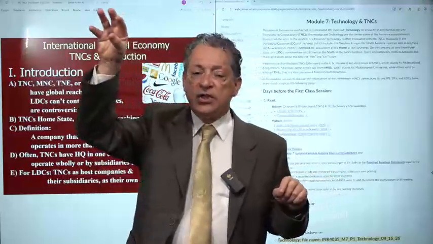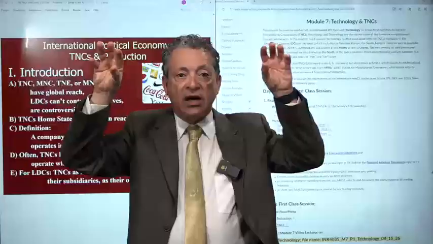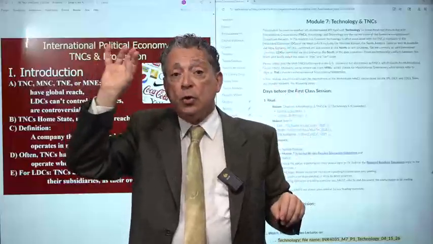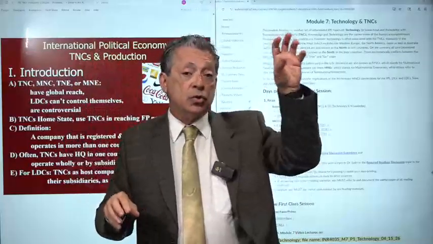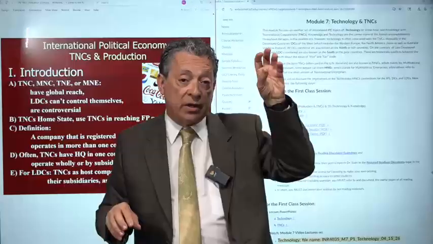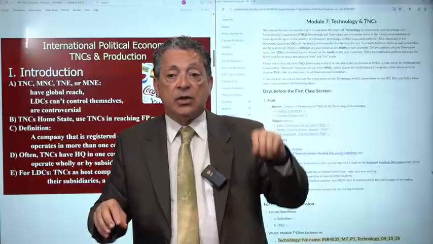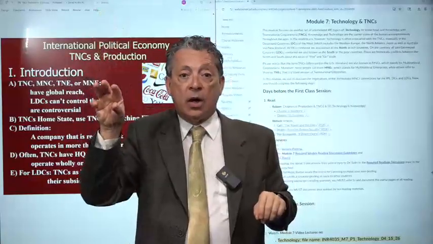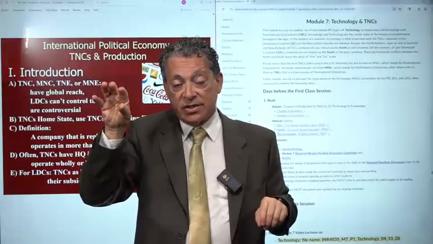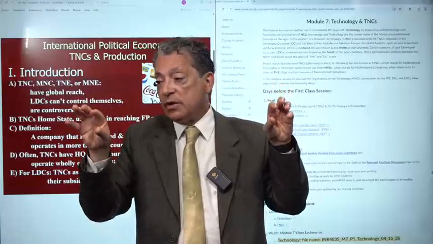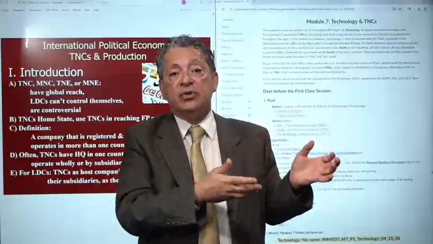From one side is the home country. From the other side is the host country. Usually the home country is a developed country. Usually the host country is a developing country. Is that right? Okay. So under the home country are what? These multinationals, MNCs. Then in the host country, these multinationals go over there and establish a subsidiary.